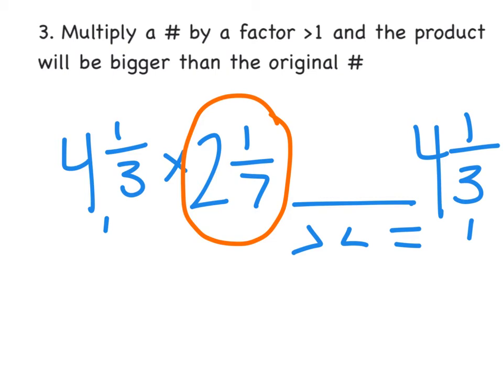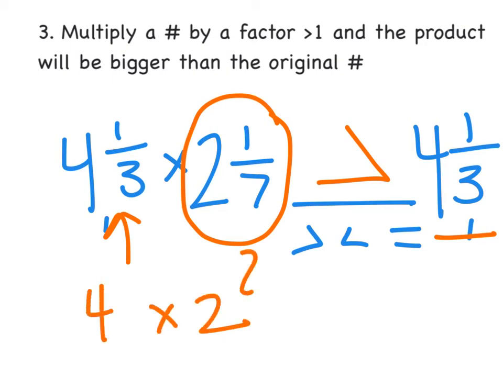I'm taking multiple groups, a little more than 2 groups of this, so it will be greater than 4 and 1/3 because I'm taking multiple groups of 4 and 1/3. In these cases, you could also estimate. This is about 4 times 2, so I'm going to get about 8 on this side and about 4 on this side. 8 is bigger than 4.